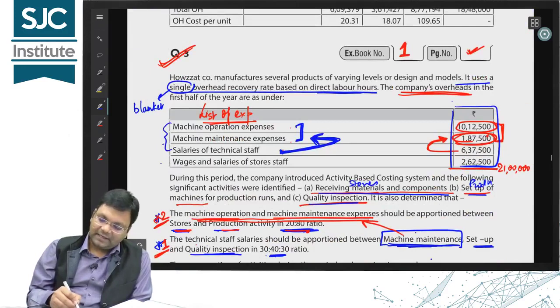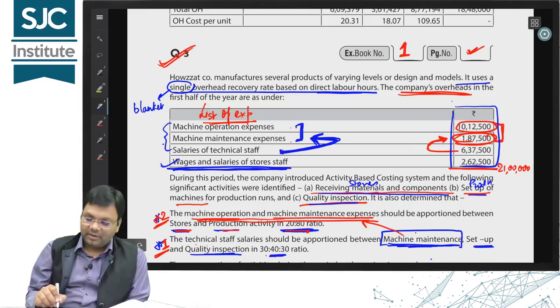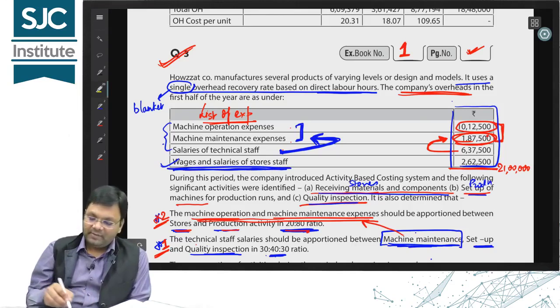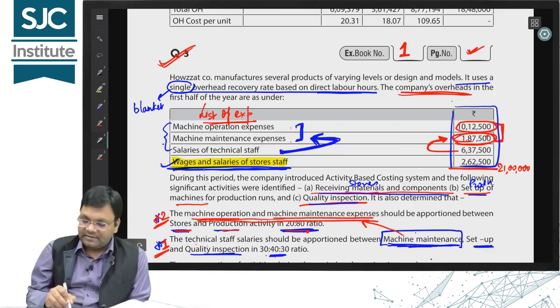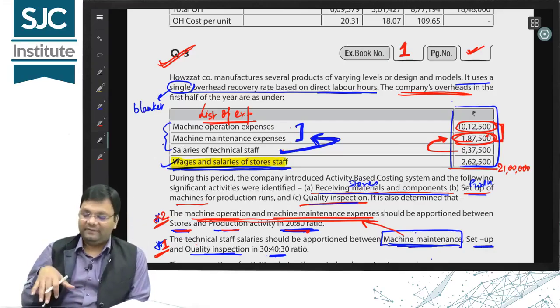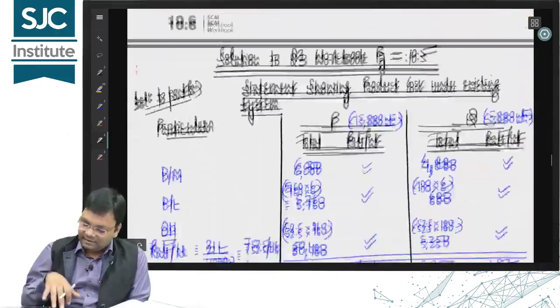Now there is a 4th item for which nothing was mentioned in the question. So does it need to be apportioned? Of course, it needs to be apportioned. How it will be apportioned is not mentioned, but it is very much obvious from the name itself. Wages and salaries of store staff. Store staff means in which activity?